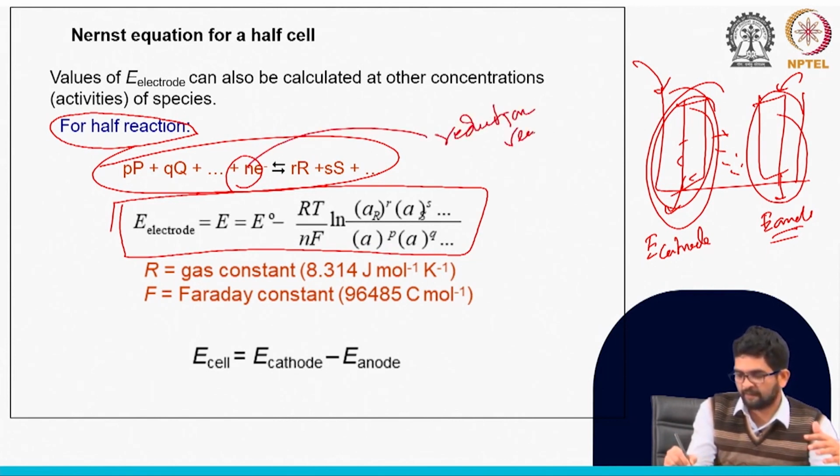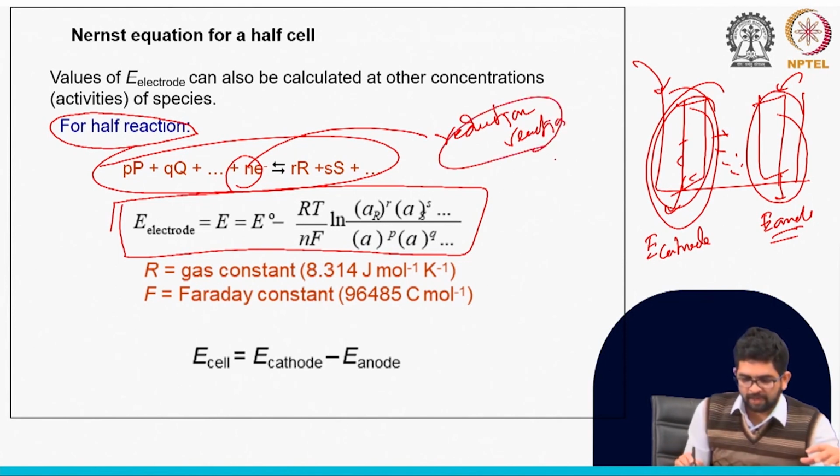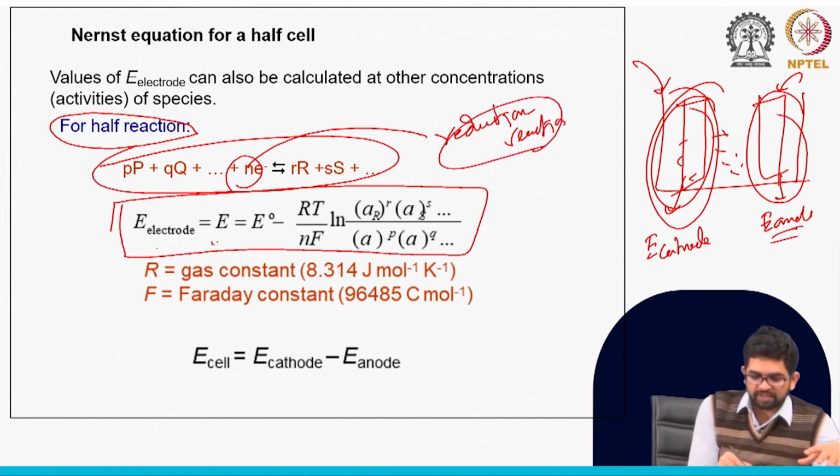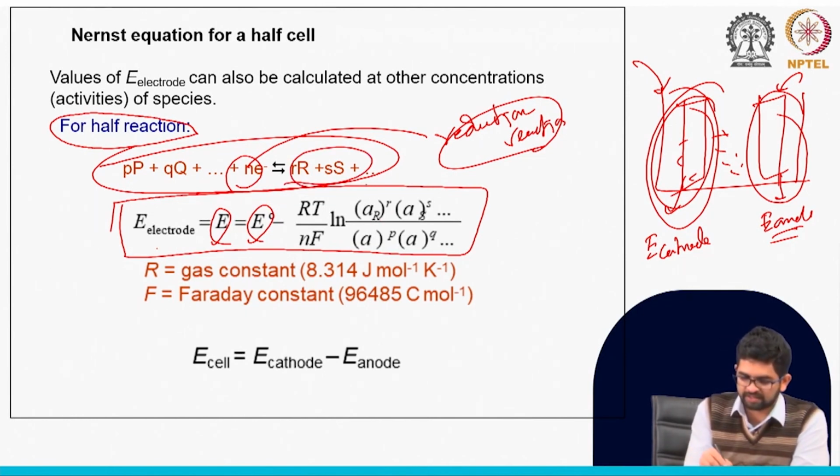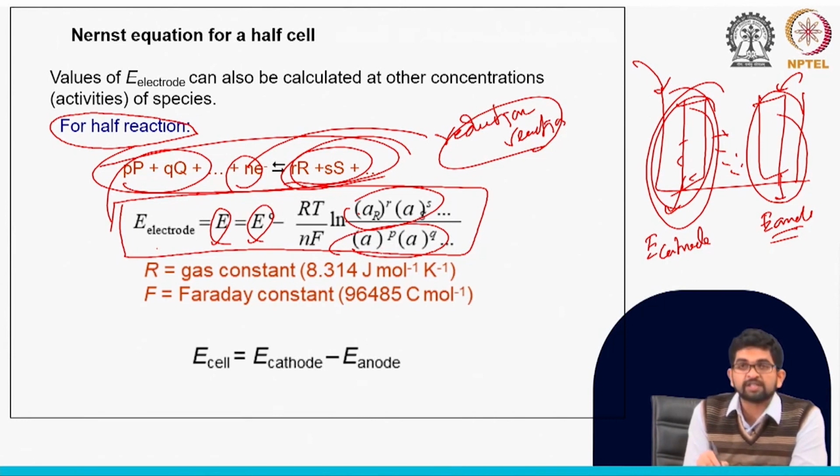So, E electrode is equal to E0 minus RT by nF, ln of a reduced species by oxidized species, and we are considering the activity of all the species. Here R is the gas constant and F is the Faraday constant.